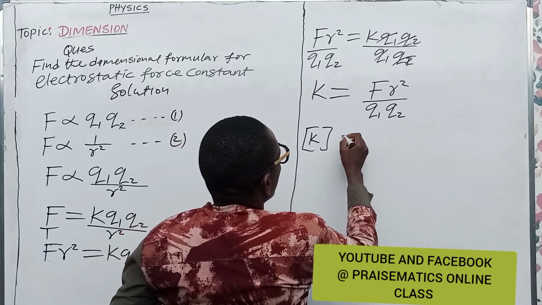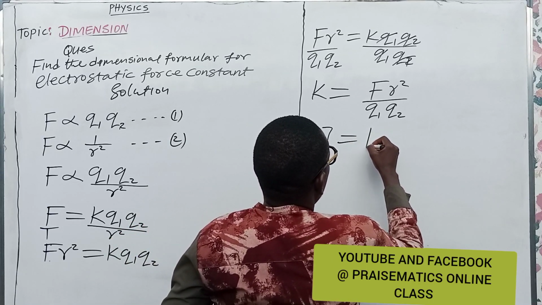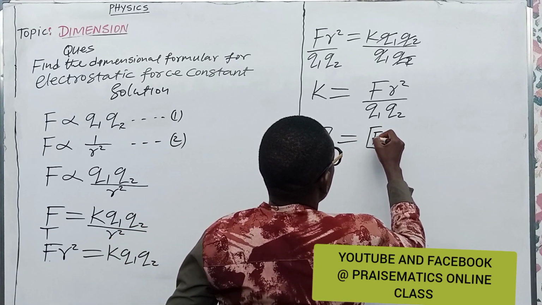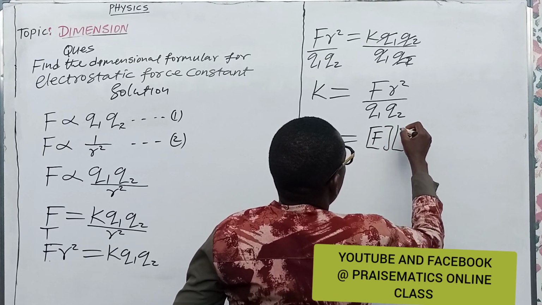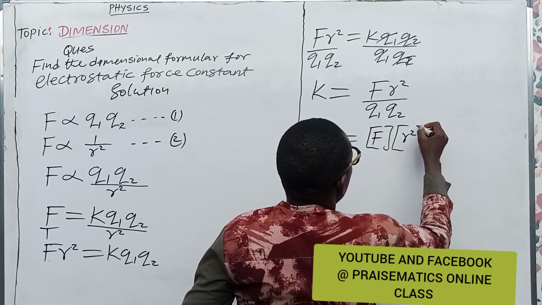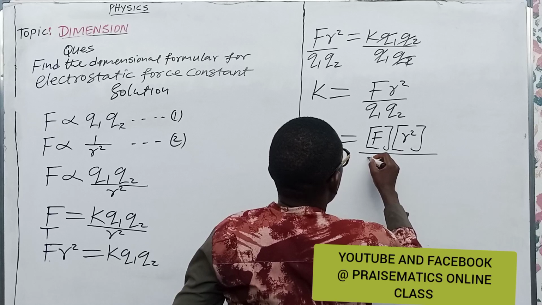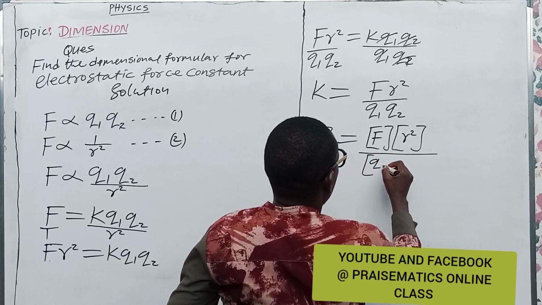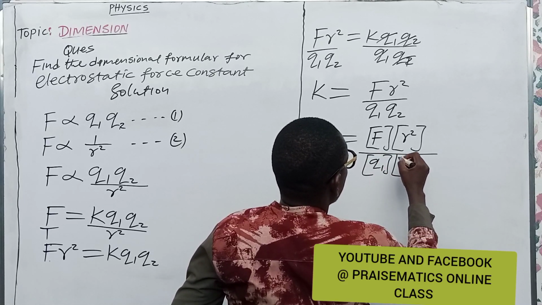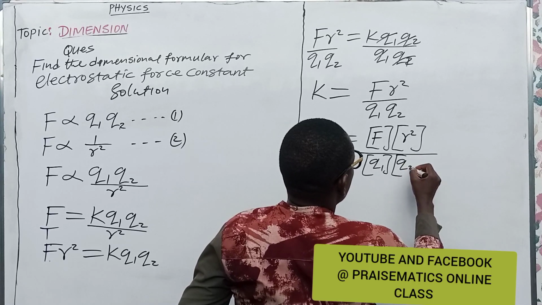So we are going to look at the dimension of the force constant, which is equal to the dimension of force into the dimension of r square all over the dimension of q1 into the dimension of q2.